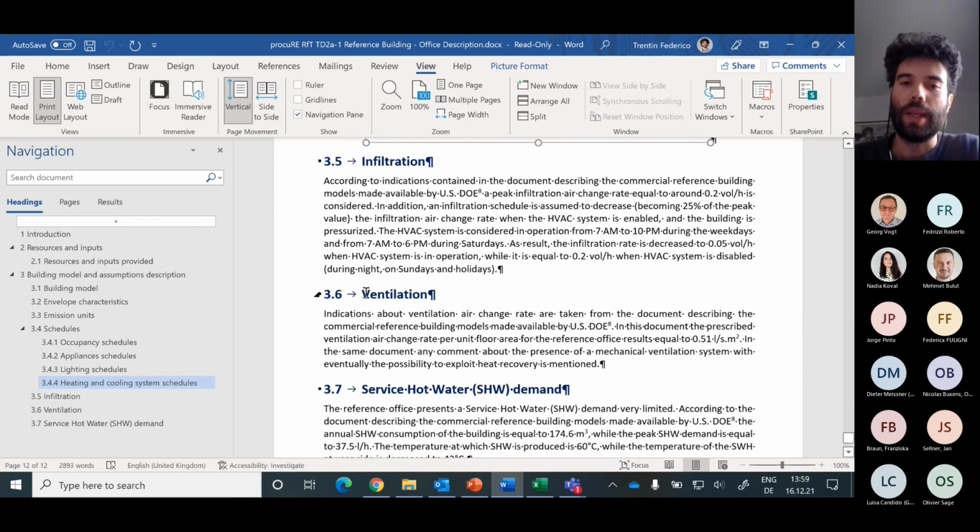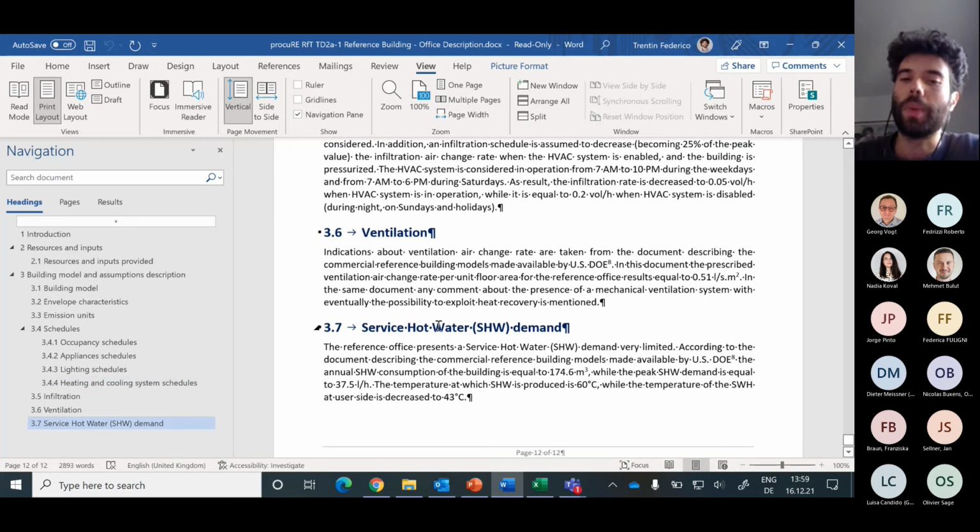Then we have the last three sections of the document that present the indication that must be considered regarding infiltration and ventilation, therefore the relation and the exchange of air between inside of the building and the external ambient. And then we also have a short section about the service hot water demand to be considered.